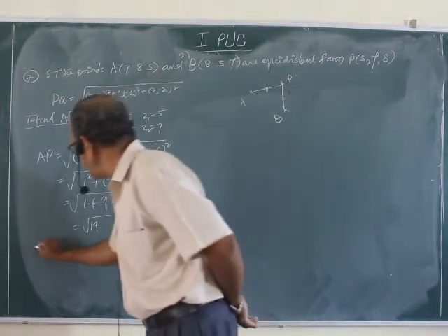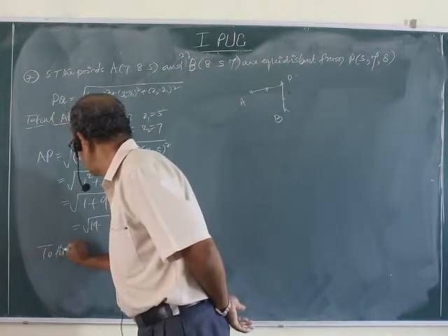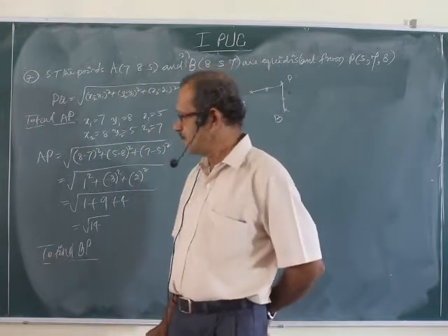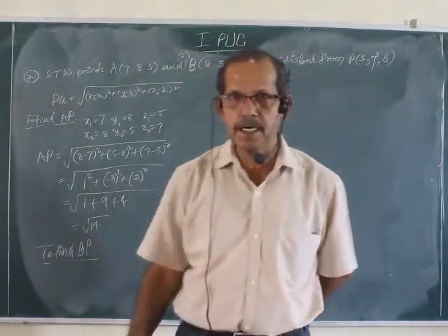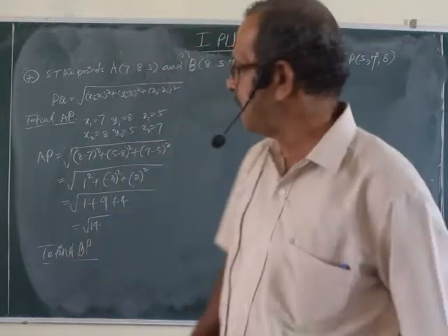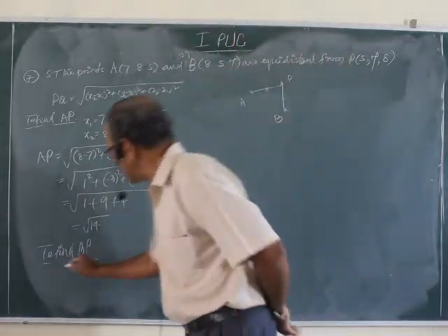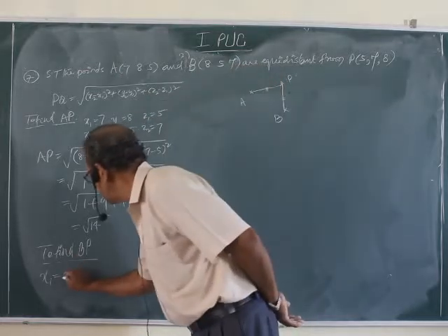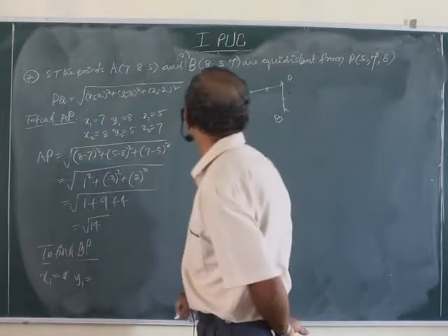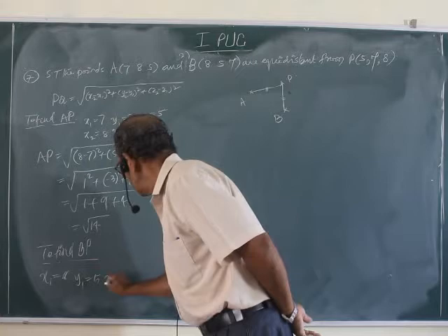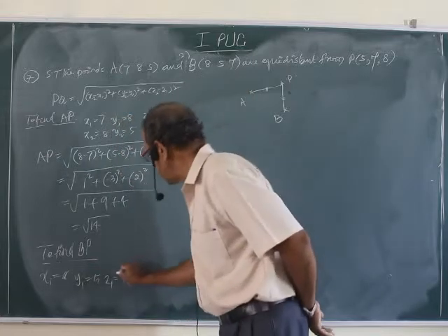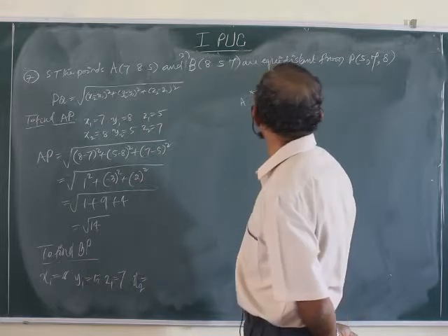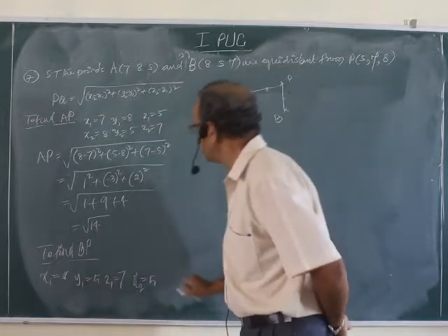To find BP, BP means not the blood pressure, it is distance between B and P. Write the details. x1, coordinate of B: 8, y1 5, z1 7, x2 B to P 5, 7, 8.